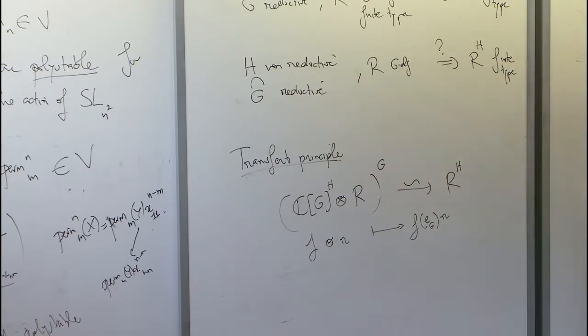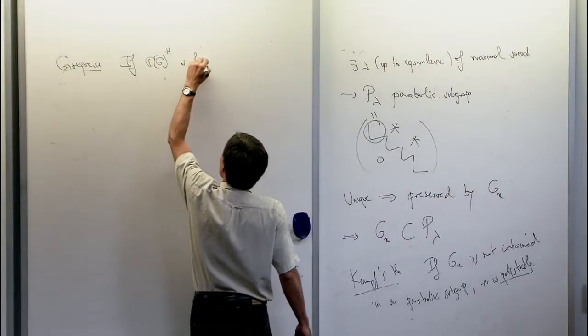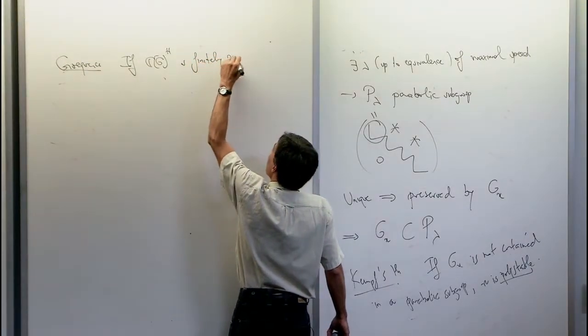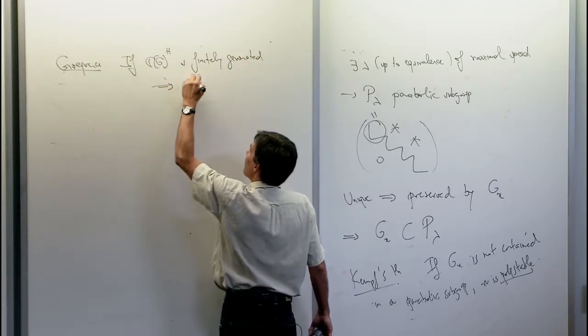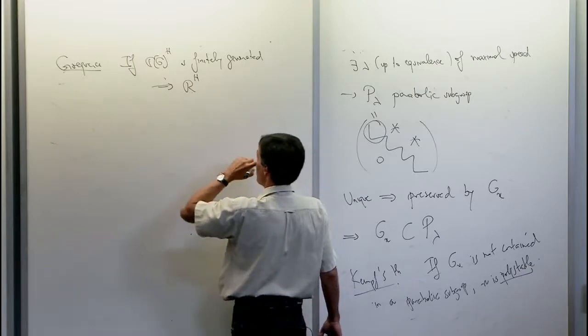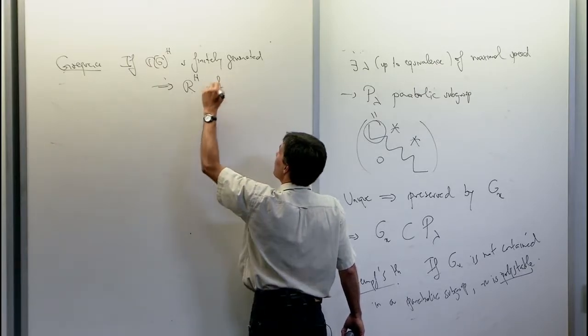The consequence is this: if the algebra of invariants, C[G] tensor R to the G, is finitely generated, then I can conclude that the H-invariants in R are finitely generated. Yes, precisely, that's the problem. It's not always true.